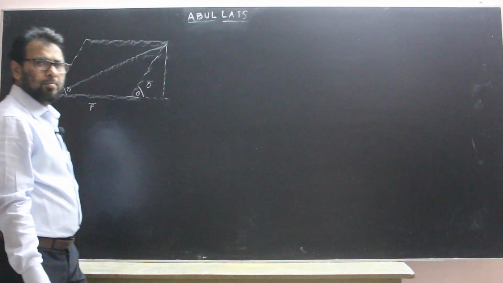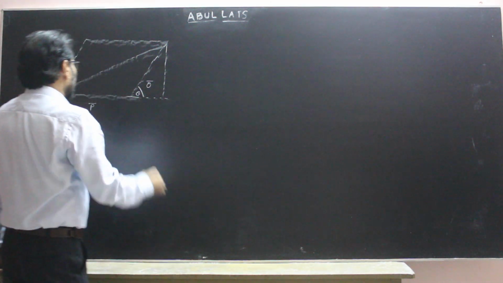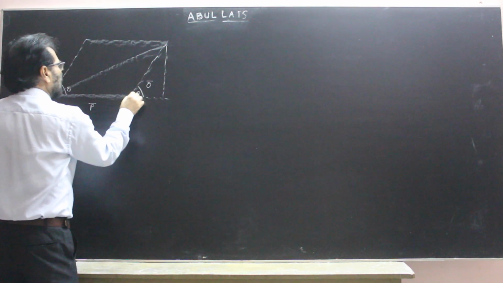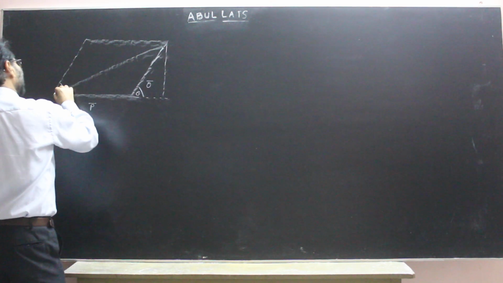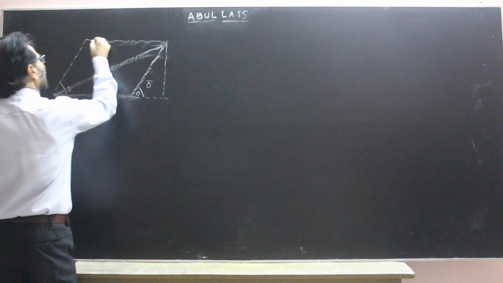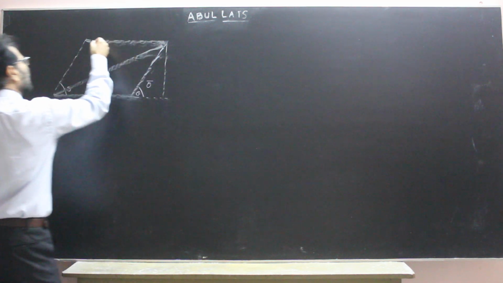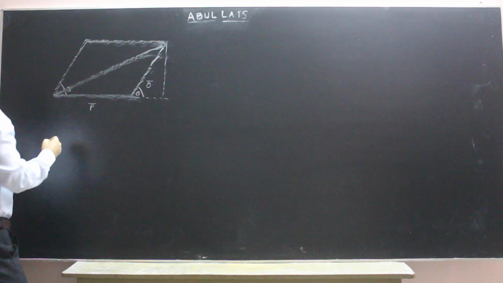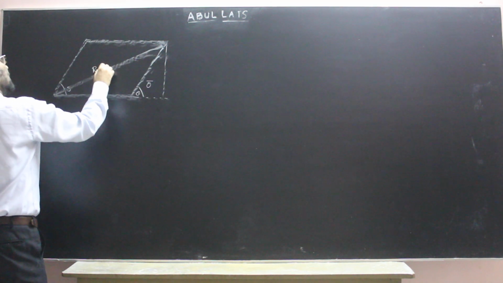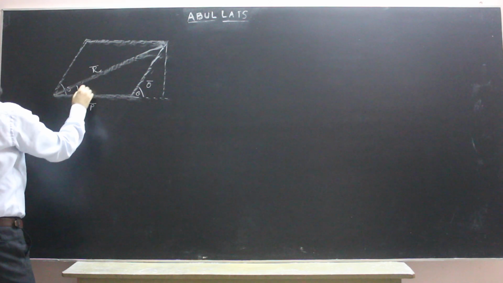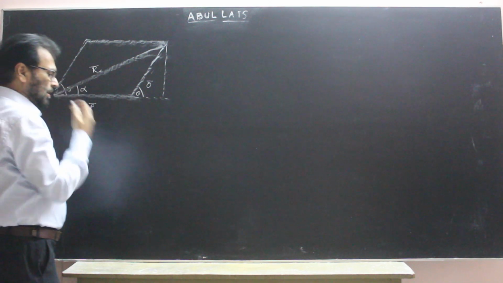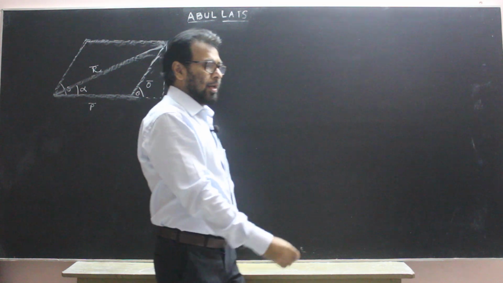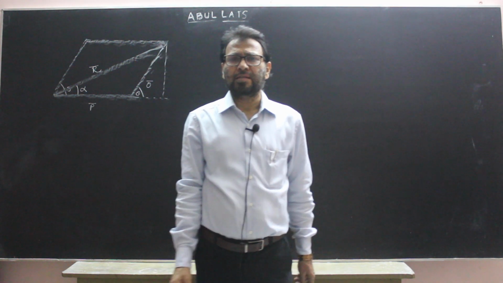एक पैरेललोग्राम हम बनाते हैं, एंड इफ the two adjacent sides of the parallelogram represent the two vectors, then the diagonal of the parallelogram will give you the direction and magnitude of the resultant.